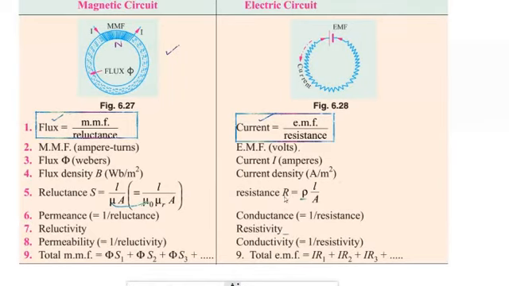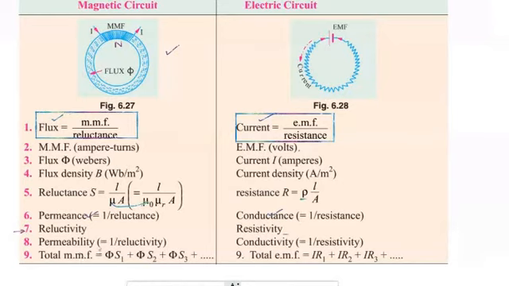The inverse of resistance is conductance, and the inverse of reluctance is permeance. Just like we have resistivity here, we have reluctivity. We'll come back to this concept later on. And permeability is nothing but the inverse of this reluctivity.